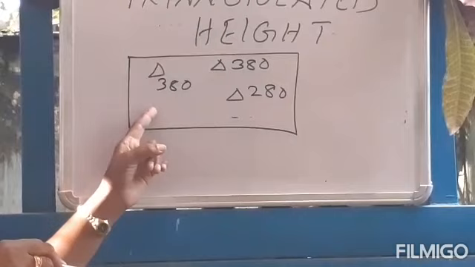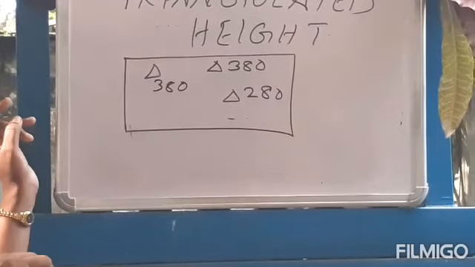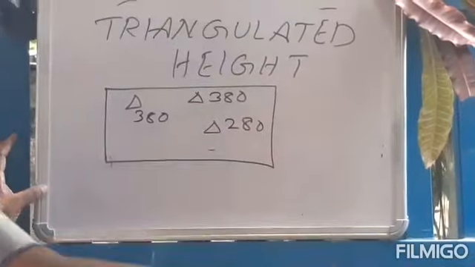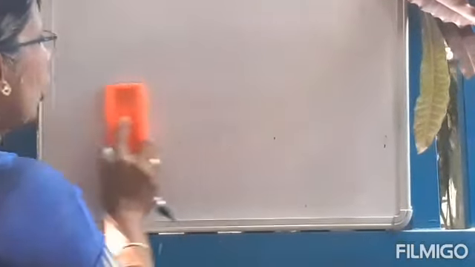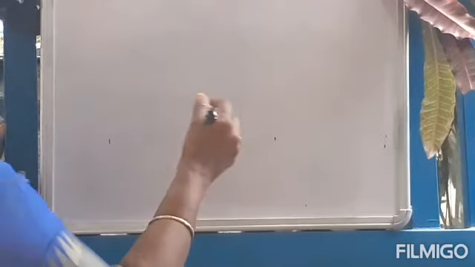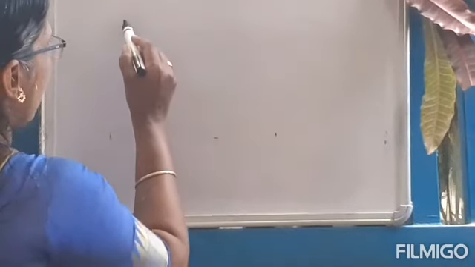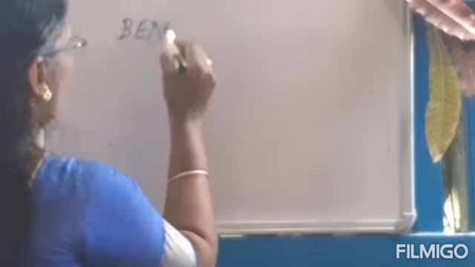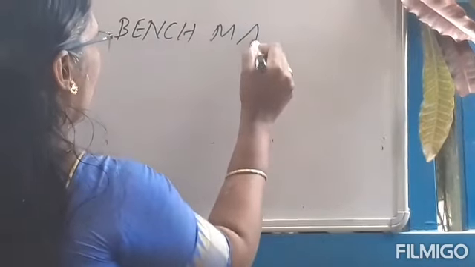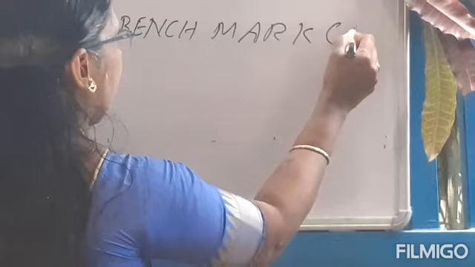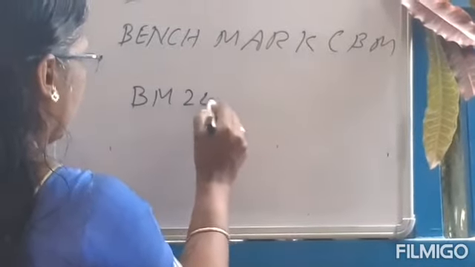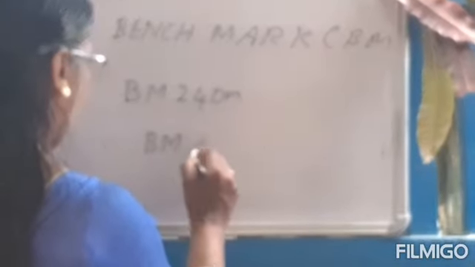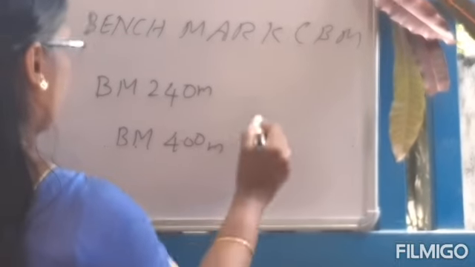This is triangulated height. Next we can see what a benchmark is. Likewise, on a topographical survey map, we can see another method of representing the height of a place, that is the benchmark, shortly known as BM. BM 240 meter. BM 400 meter.